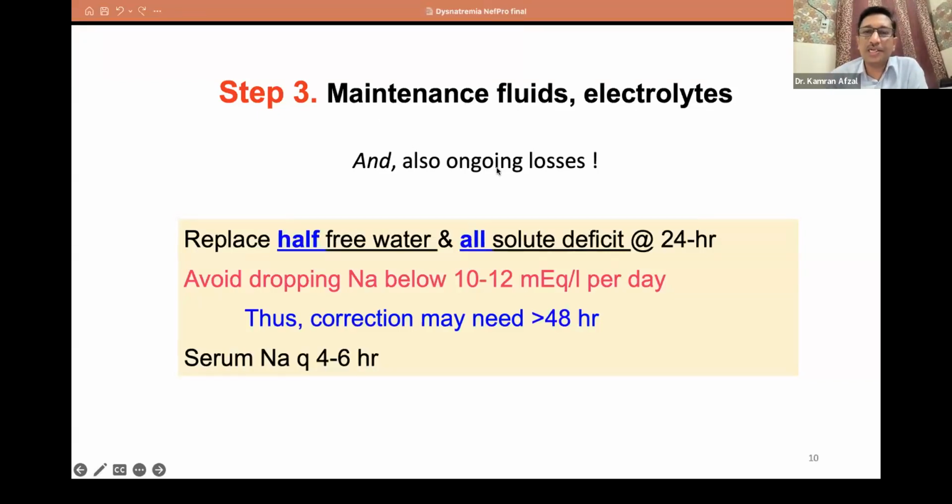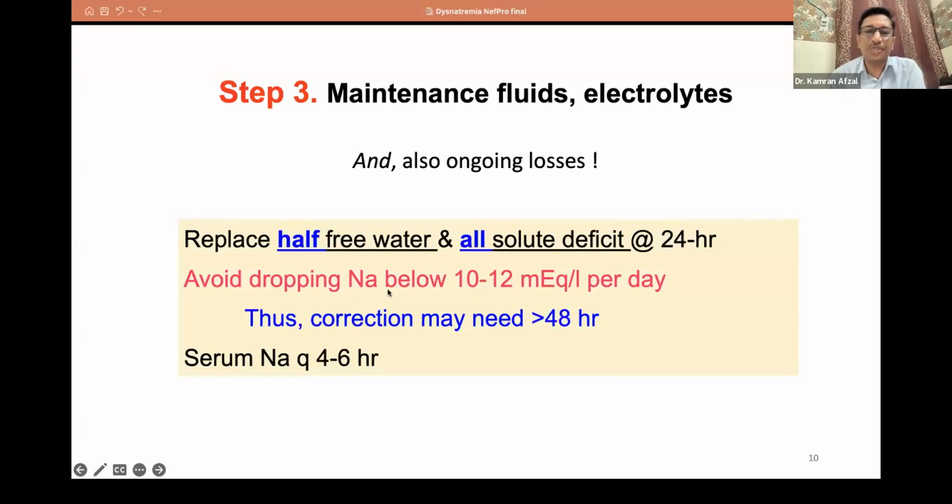Now, the maintenance fluid obviously has to be given over the 24-hour period, but in the deficit fluid, the solute fluid can also be given within 24 hours. But the fluid that is actually going to produce the fall in sodium is the free water. So we replace only half of the free water in the first 24 hours and leave the remaining half for the next 24 hours. And this will allow a more gradual fall in the sodium.